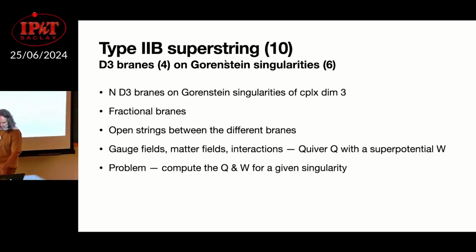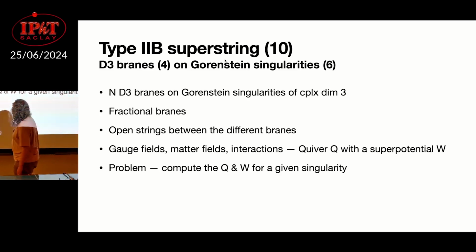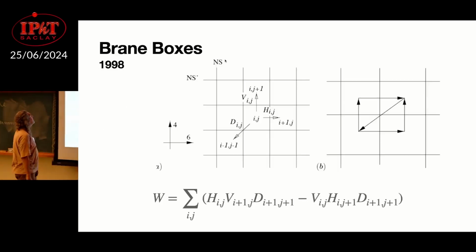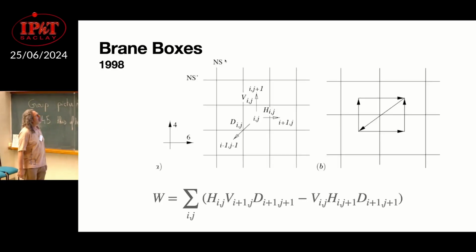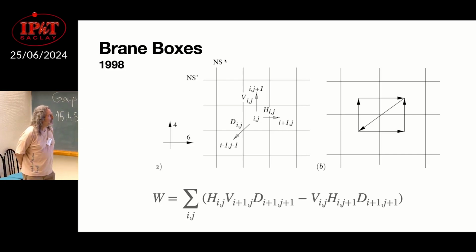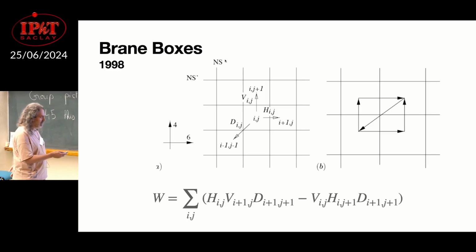So our first attempt was in '98. And we came up with such a solution which turned out to be right in case the Gorenstein singularities are orbifolds of C3. And let me give a description of what it is.